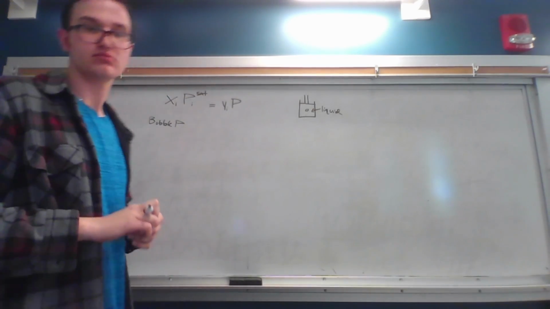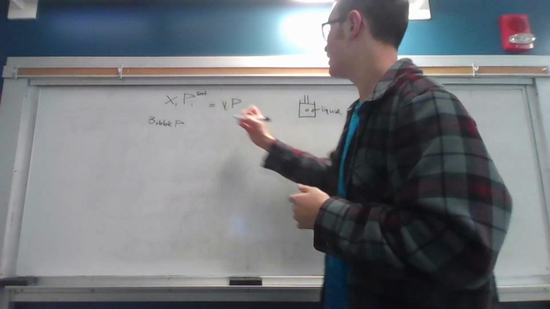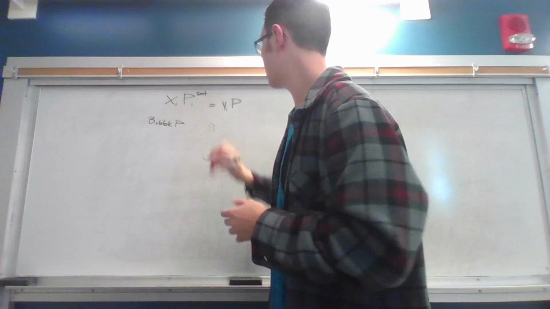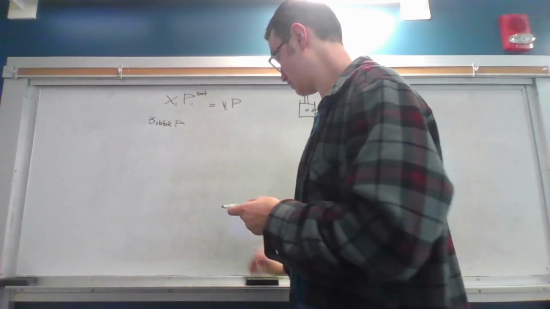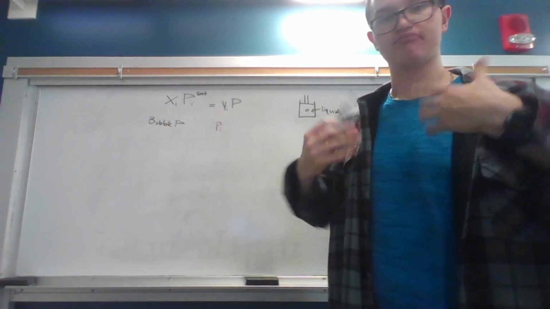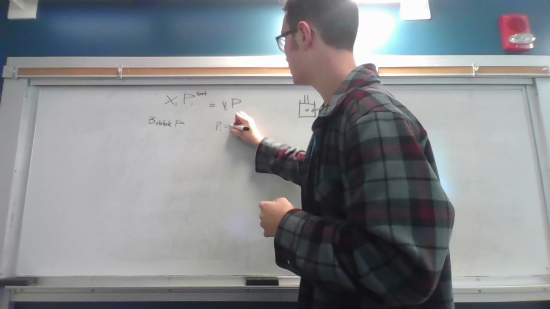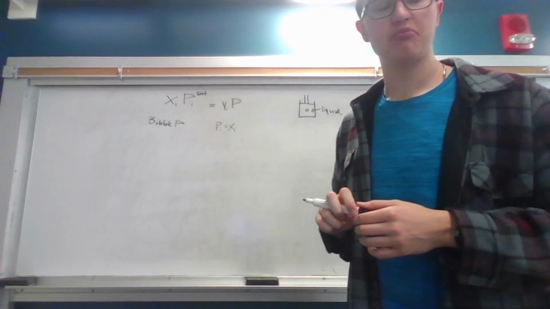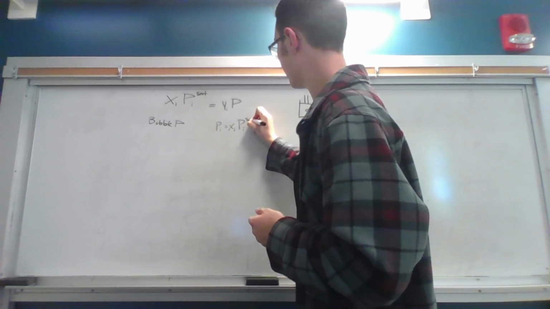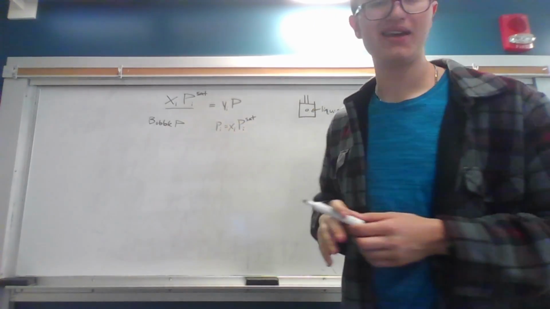I'll scoot over to this side. So bubble pressure. If we know that Pi, the partial pressure of a certain component, is equal to xi, the mole fraction in the liquid phase, multiplied by the saturation vapor pressure, this is equal to Pi.